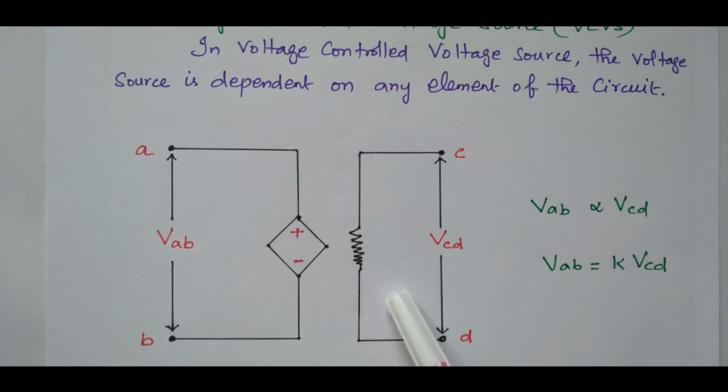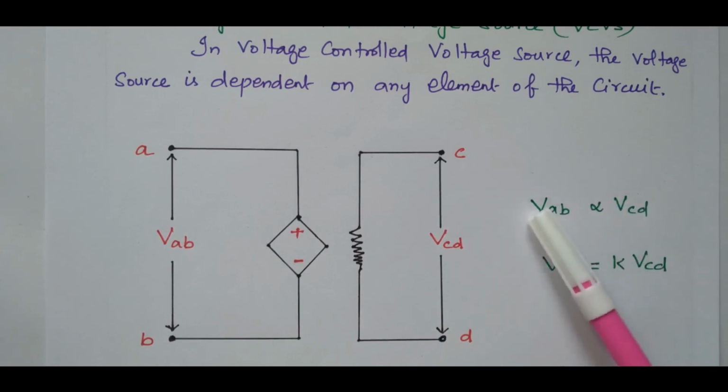In the other part we have one resistor, terminal CD, and the voltage is VCD. So this is a voltage controlled voltage source. This voltage will control the supply voltage. That is, VAB is proportional to VCD.